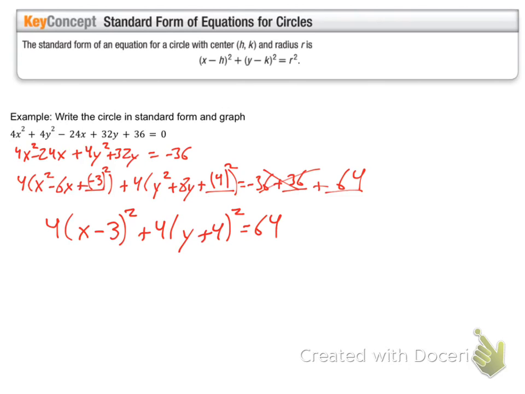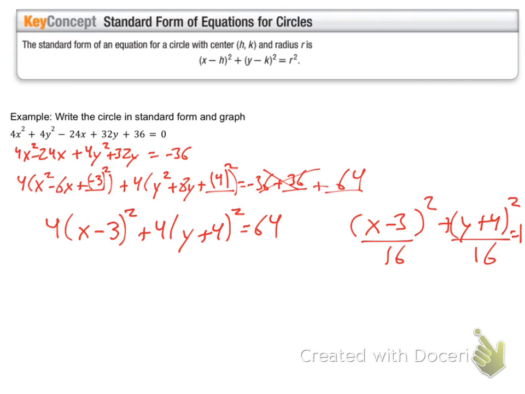If I did that, I would have x minus 3 squared plus y plus 4 squared over 16 on both of those, equals 1. Notice your a squared and b squared are the same. Tells you it's a circle.